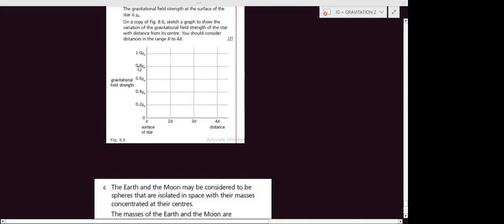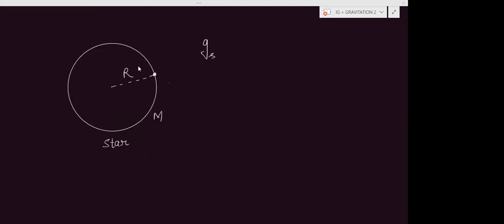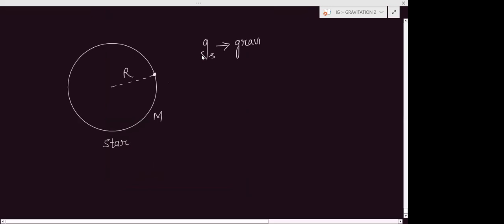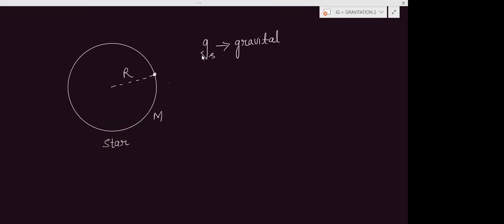So basically you have to show the variation of gravitational field strength. Oh, sorry, this is not g acceleration due to gravity. This Gs is basically the gravitational field strength on surface, this is given. So basically we have to plot the graph.